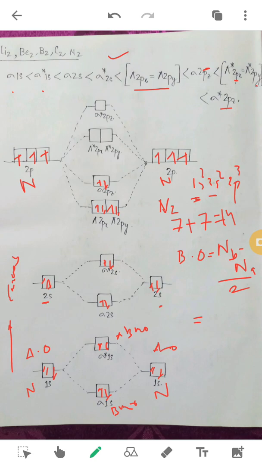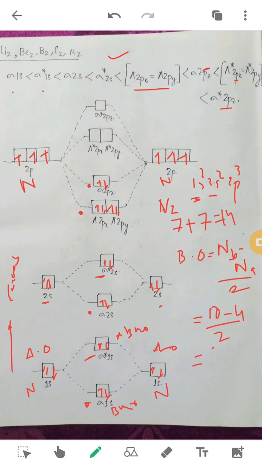We just have to calculate the number of electrons in the bonding orbitals. This is a bonding orbital, this one is also bonding. 2, 4. These are also bonding: 5, 6, 7, 8, 9, 10. So 10 minus the anti-bonding electrons. How many do we have? The asterisk ones. This is 2, this is 4. Only 4 we have.